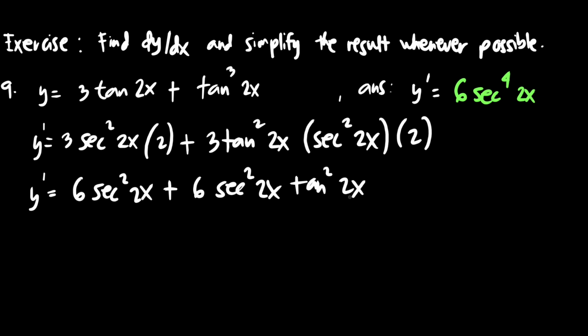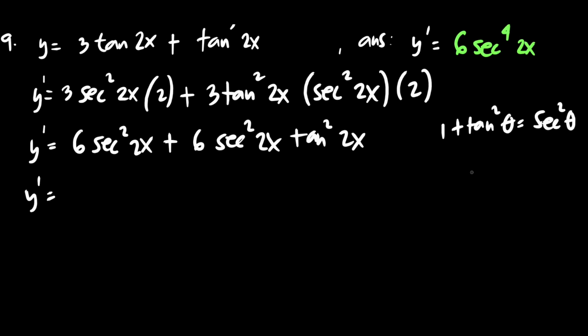tangent squared 2x. Which trigonometric function has the least number? Tangent, so we will substitute. We'll find an identity to relate tangent to secant. We know that 1 plus tangent squared theta is equal to secant squared theta.